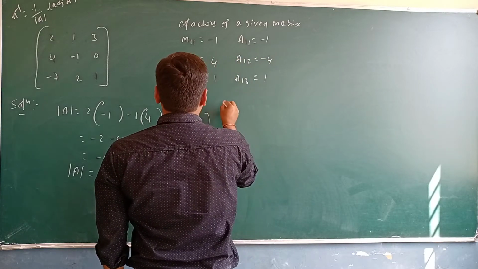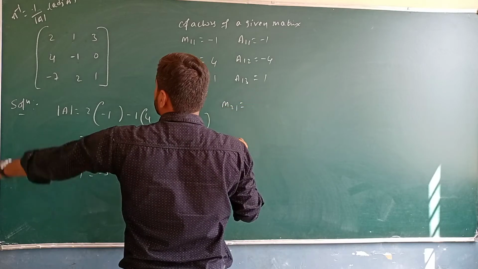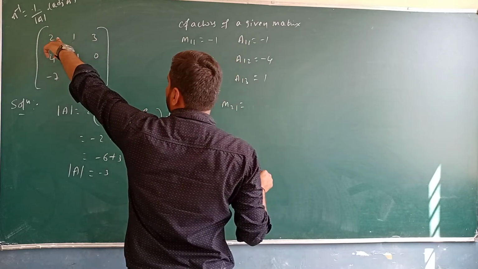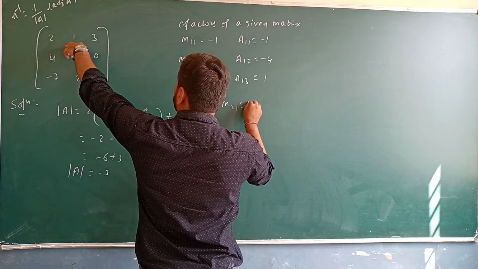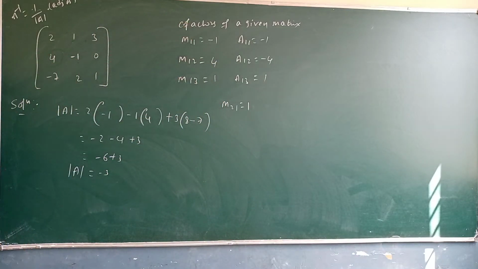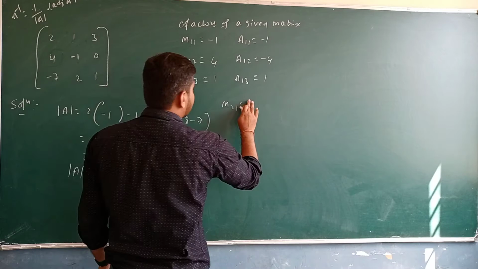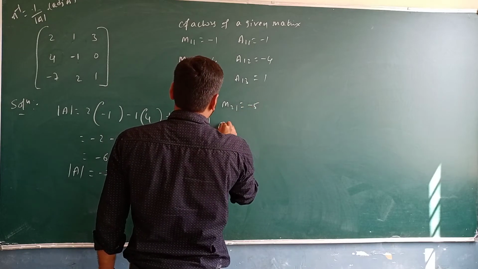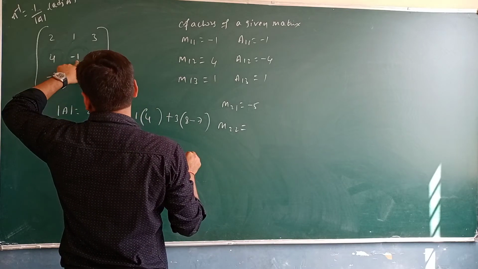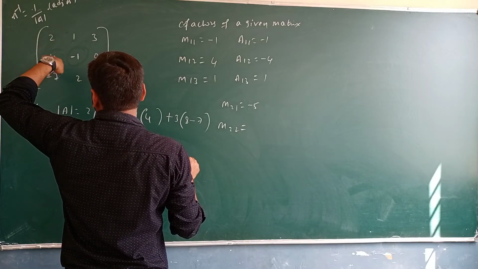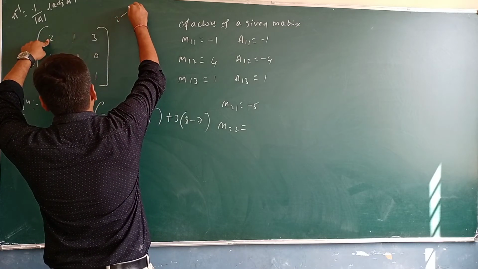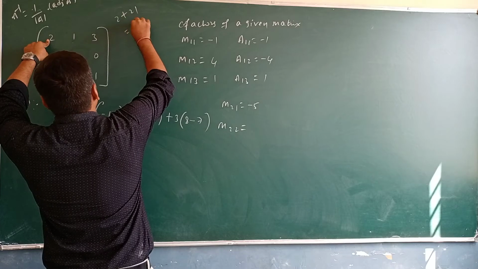And the corresponding M21 is equal to, we need to neglect the corresponding row and column. We are getting with the 1 minus 6, that's going to be minus 5. Then M22, we need to neglect the second row as well as the second column, where we are getting 2 minus 21, that's going to be 23.